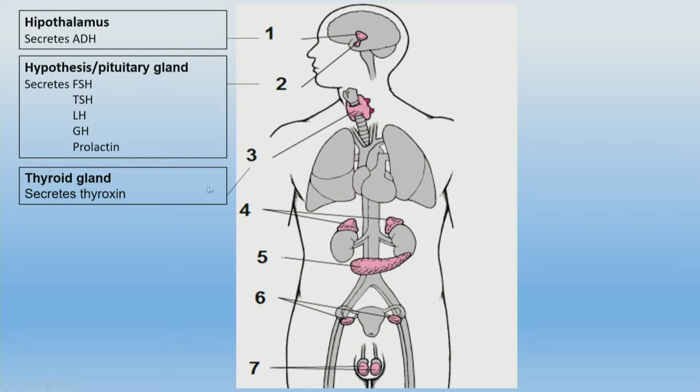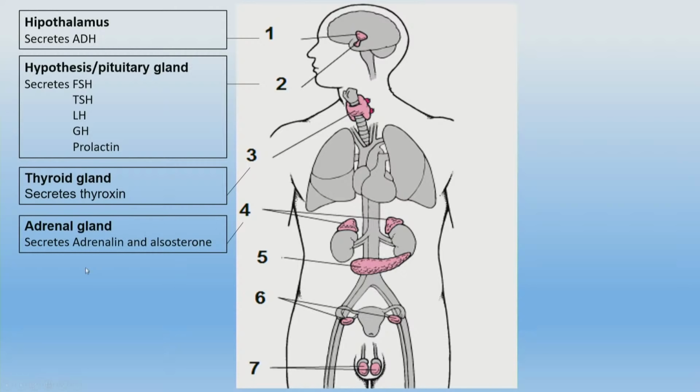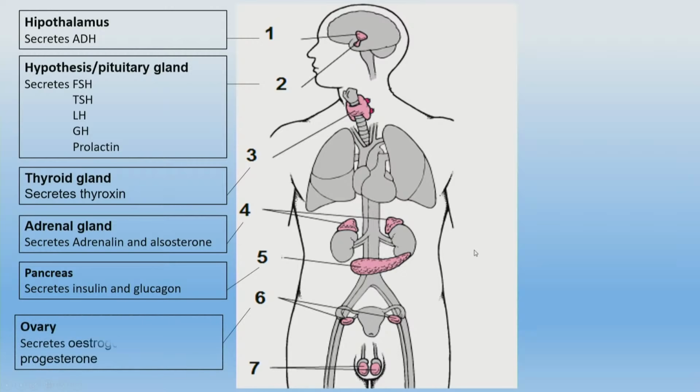And then we also have the thyroid gland here, which secretes thyroxine. And then the adrenal glands, which secrete adrenaline and aldosterone. And then we have the pancreas, which secretes insulin and glucagon. And then we have the ovaries here.